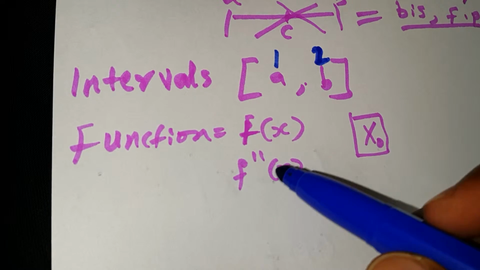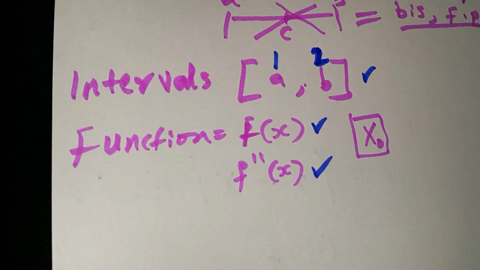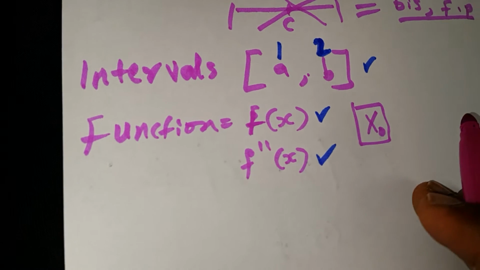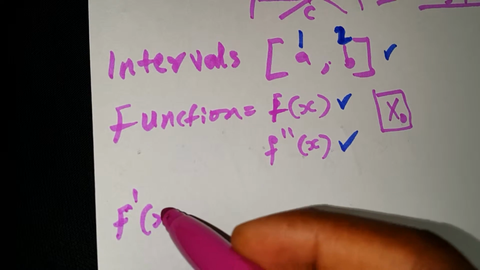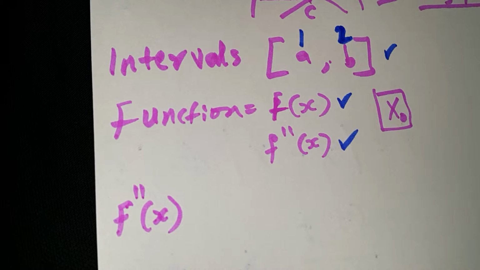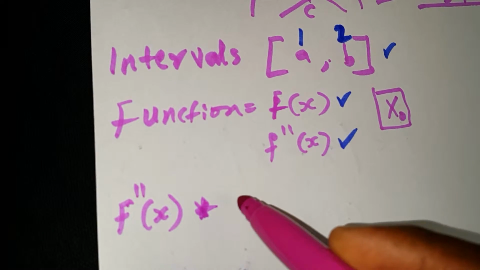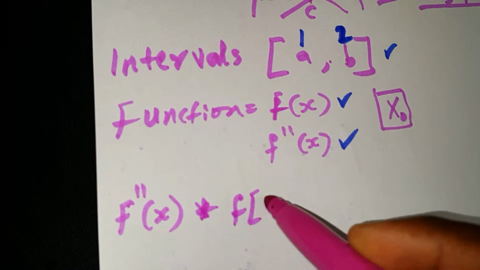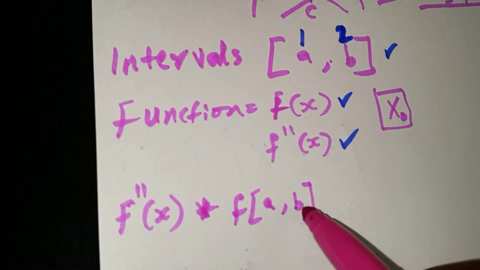So here the function is given, the intervals, and we will find the second derivative of the function. When we find the second derivative, we will multiply the second derivative with our function in the interval A, B. You have to put A in the function, put B in the function, then multiply.